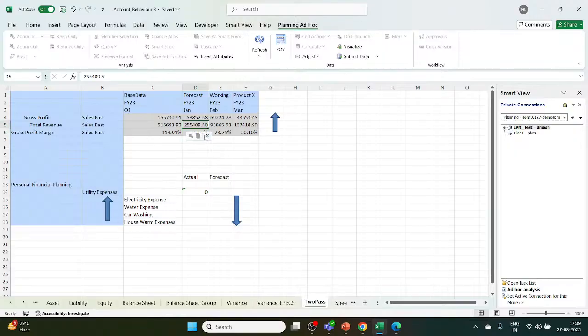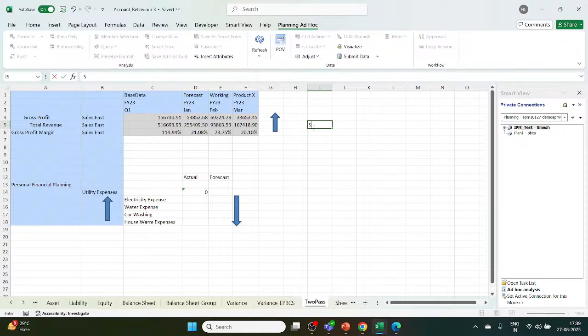When we click on percentage and sales, then we will understand that for the two pass calculation, the member is calculated twice in two passes, like the sales multiplied by the gross profit margin.